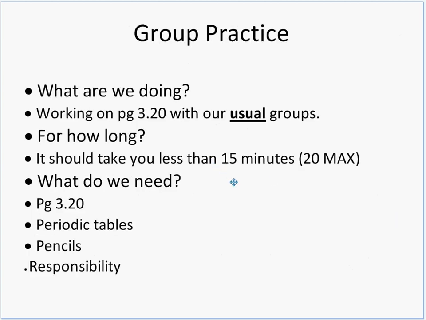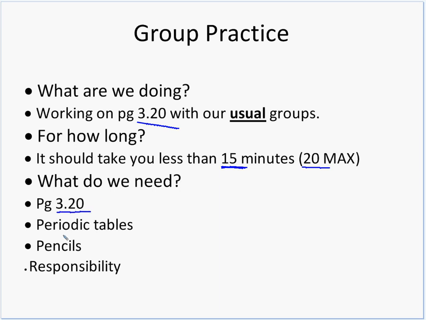Now that you've discussed page 19, let's do a little practice. So you're going to be working on page 320 with your usual groups, which I'll show in a moment if you've somehow forgotten. It should take you 15 minutes, 20 max. If it takes longer than 20 minutes, group leaders just bring each other back to the lecture side of the class.